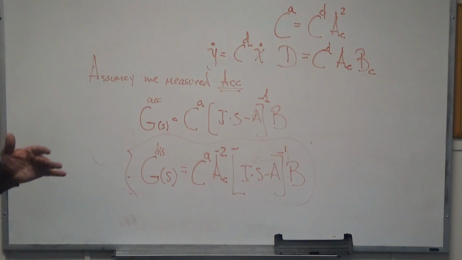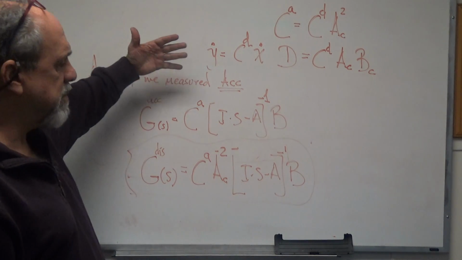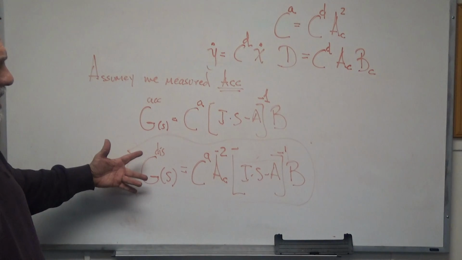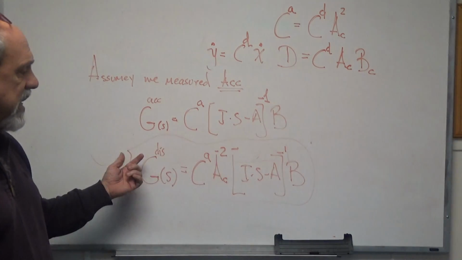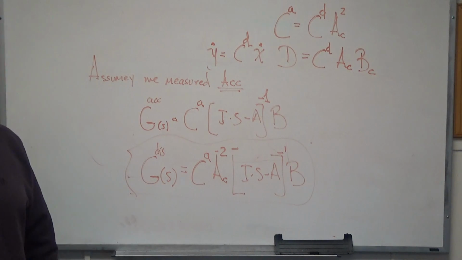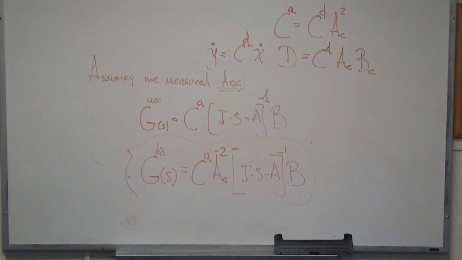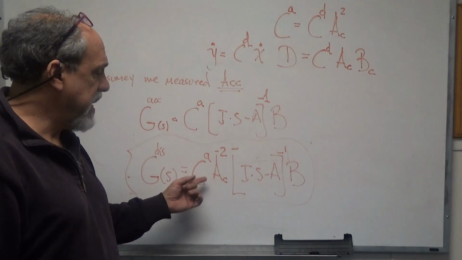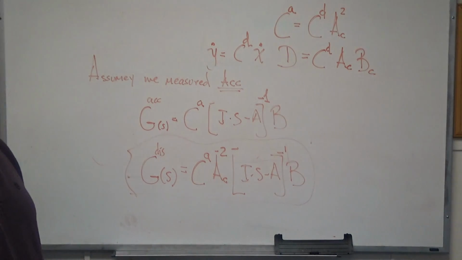So even though we could not measure displacements, we know that the matrix that relates forces to displacements is simply this one, with CA AC to the minus 2. All right? If we had measured velocities, then this would be CV times AC to the minus 1, and so on.